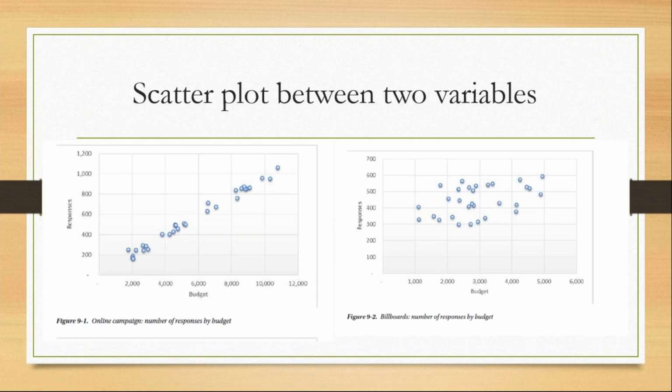But as my budget goes up, the number of responses that I can accommodate also goes up. So there is a linear relation between the two, and it seems that both of these have a very high correlation. So this is a good example of having a good correlation.